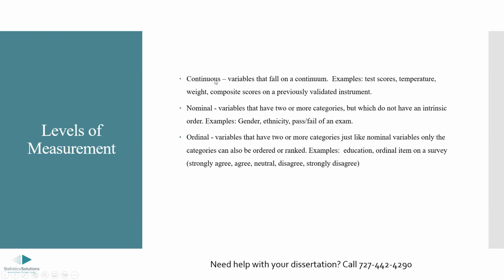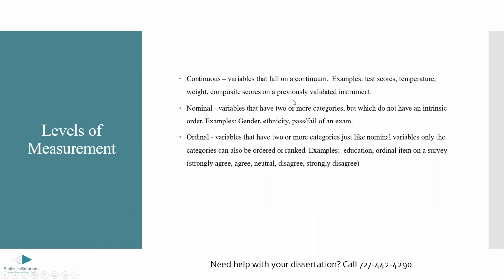Continuous variables are variables that fall on a scale or a continuum. Examples of these include test scores, SAT scores, ACT scores, or just a high school math test. It's usually 1 to 100 or 0 to 100. So that is a continuous variable. Temperature, weight, height, BMI, composite scores on a validated instrument.